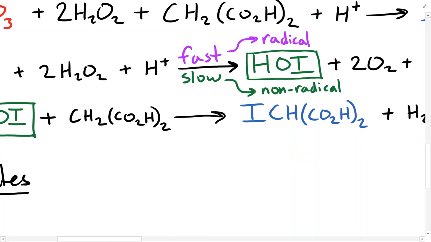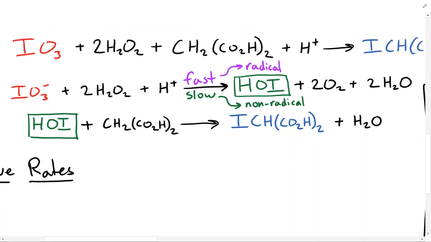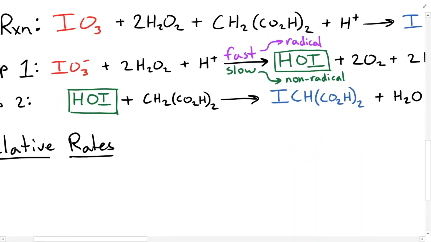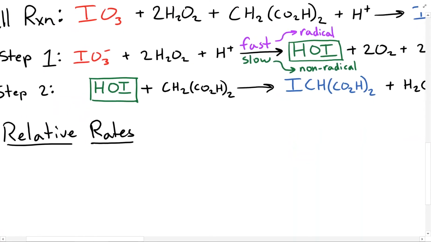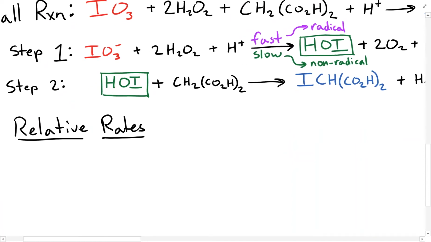So if we look at these two steps here, the fast and the slow, we'll notice that this reactant can produce HOI very, very quickly if it's using the fast radical method, or very, very slowly if it's using the non-radical method. Also notice that step 2 is consuming HOI.